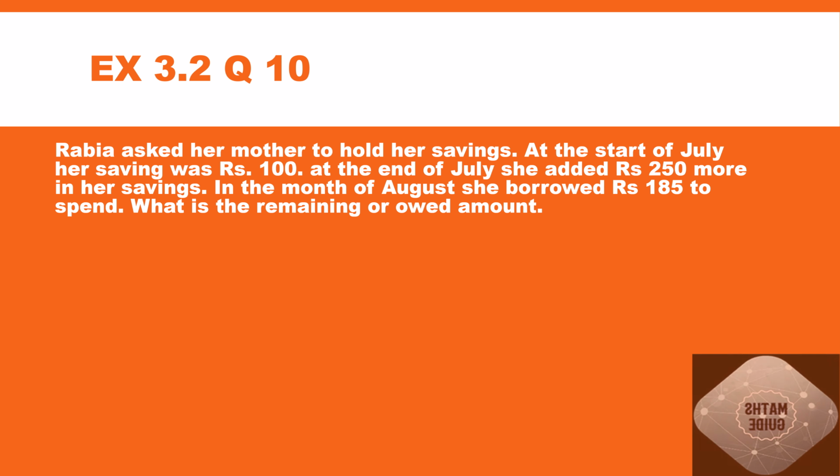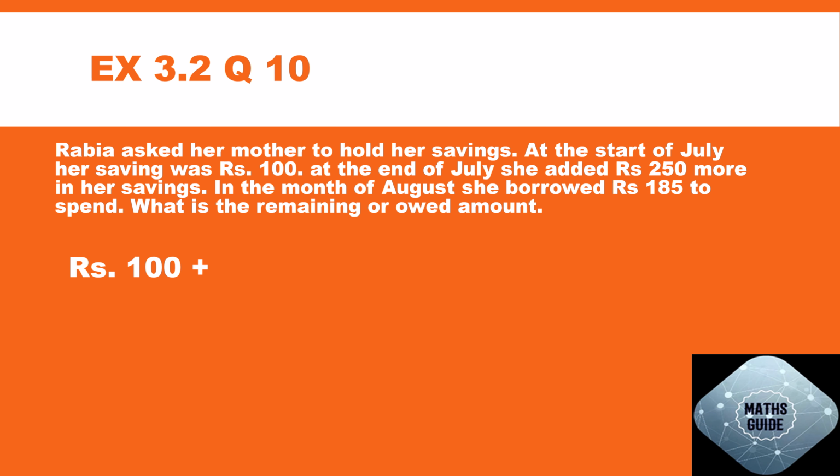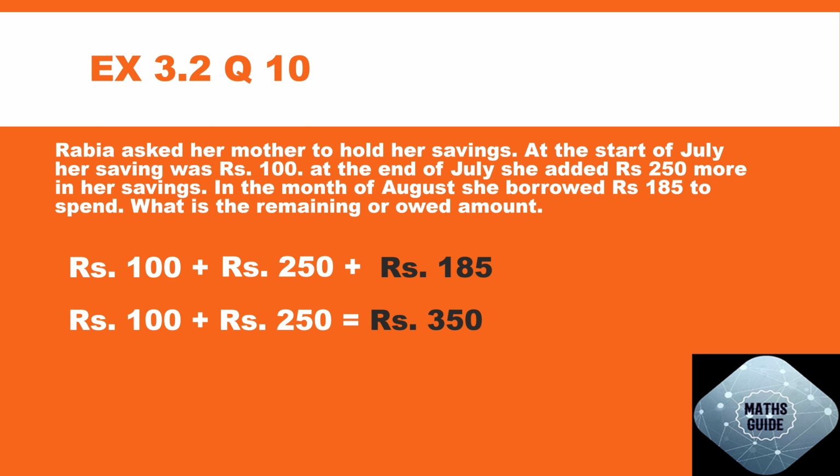It means that initially Rabia has rupees 100 and she added rupees 250 to that amount, and then she borrowed rupees 185. First we will add rupees 100 to rupees 250 to find the total which she had initially.